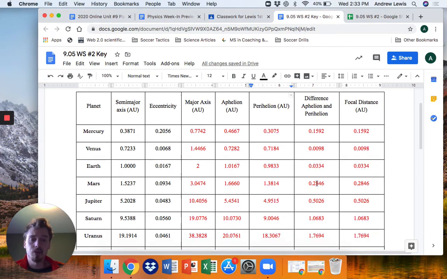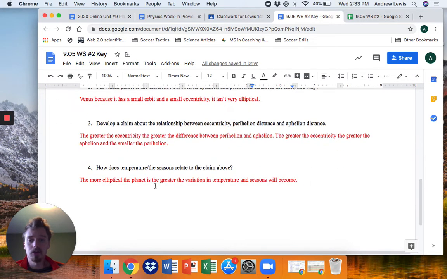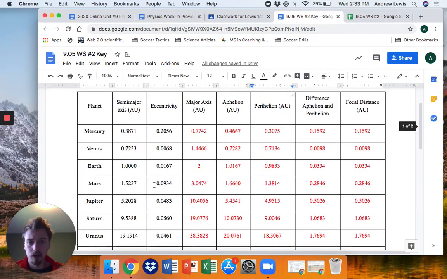But on certain planets, you might see a huge difference in seasons, not because of a tilt, but just because of the eccentricity of that planet, where the aphelion is so much farther away than the perihelion, right? Whereas if you look up here at Earth, aphelion and perihelion, there's not a huge difference between them, right? So there's not going to be seasons caused by that. Our seasons are caused by the tilt of the Earth.